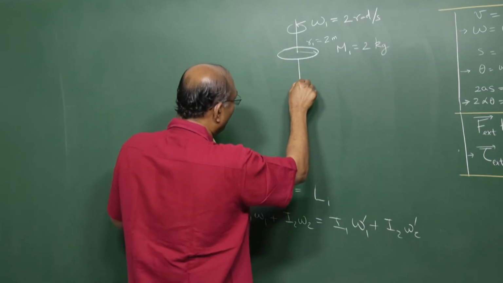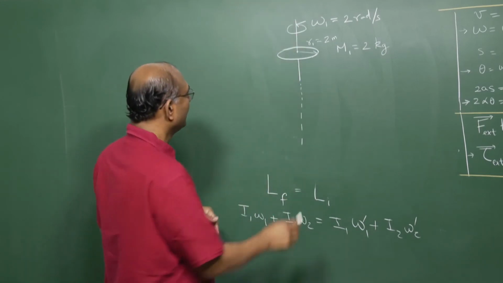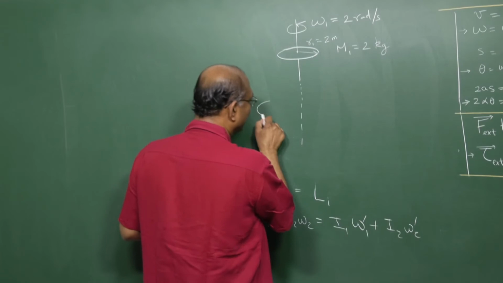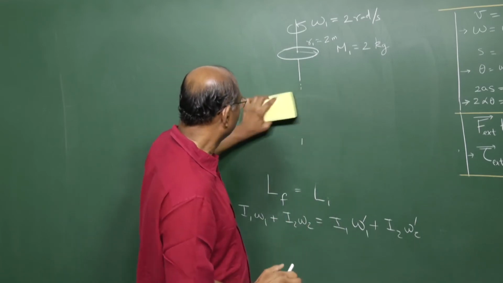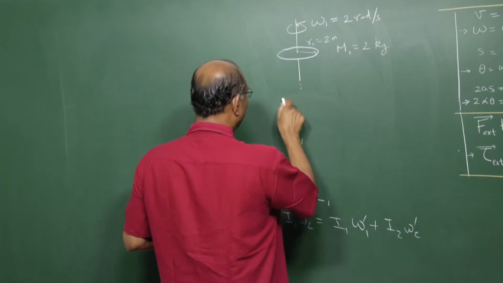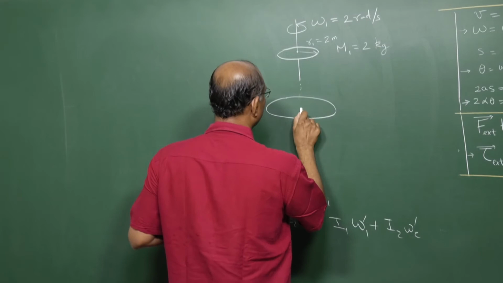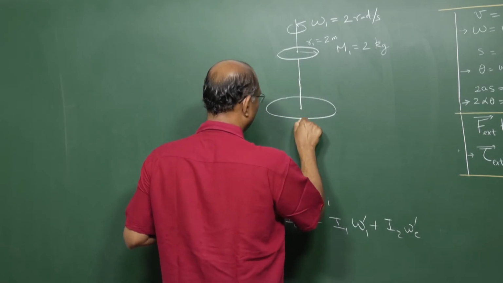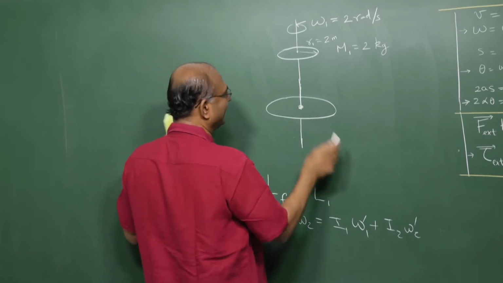And right along this axis, way below, here I have a bigger disk. So I should draw a proper disk here. It also has the same axis. Assume that this is also symmetric. I'm trying to make a 3-dimensional effect, so it's not very clear.